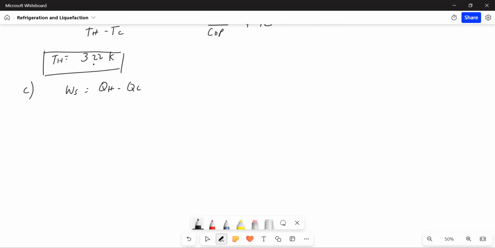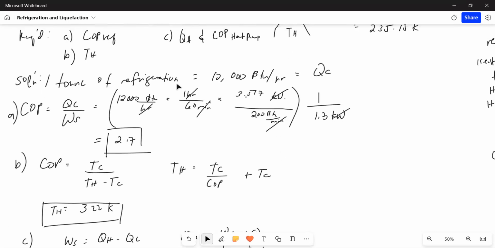So let's solve for QH. Rearranging, QH is just work shaft plus QC. This is equal to 1.3 kilowatt plus QC. We don't know QC yet, so let's solve for this part.